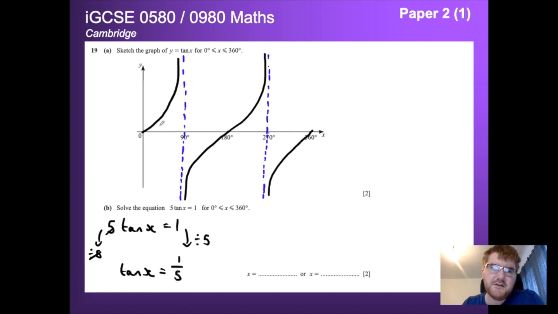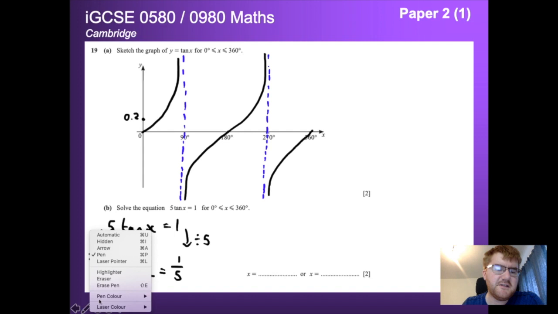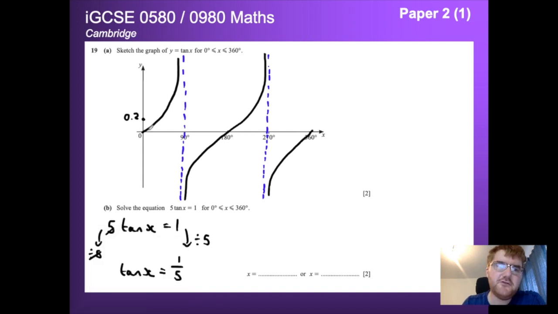Essentially what we're trying to do here, if I mark on, say, 0.2, I'm not entirely sure where it is, we'll call it there. What we want to do, graphically, is draw a horizontal line going all the way across, and we are looking for the cases where they cross, and notice they cross twice.